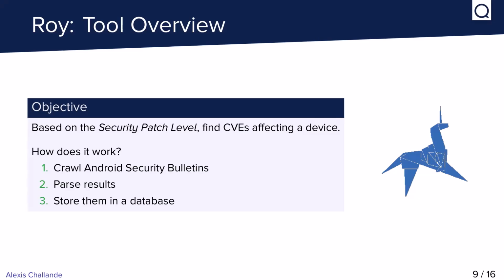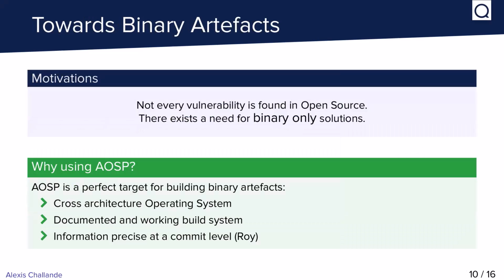And that allowed us to create this first step of our dataset, and that's why it's precise at the commit level. So now that we have this information, we can also go towards binary artifacts, and those binary artifacts are really useful when you are looking at vulnerabilities that are not only in open source components, but also in closed source solutions. AOSP is super cool for building and automating building, because the build system is documented and it's actually working.